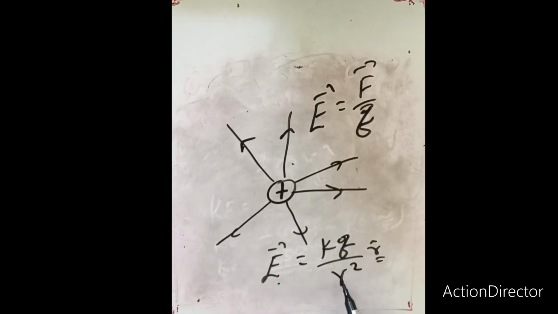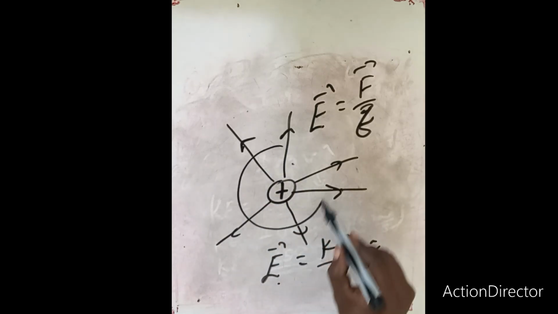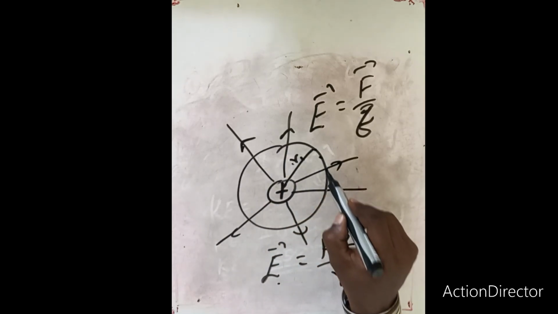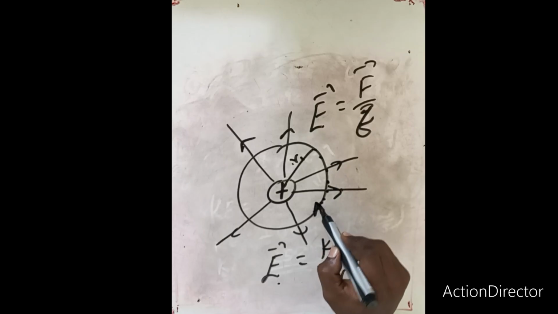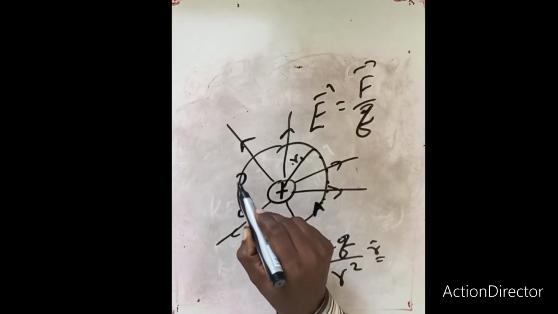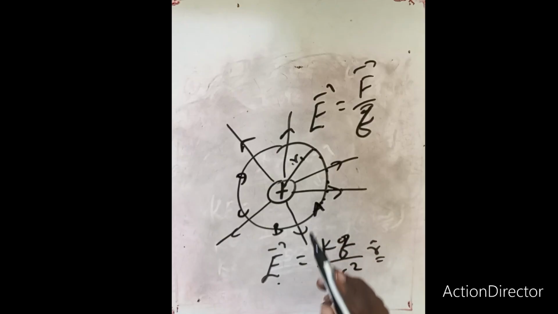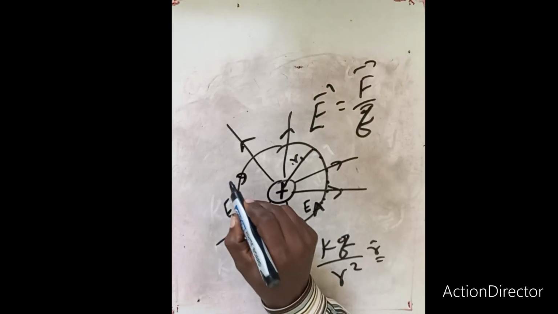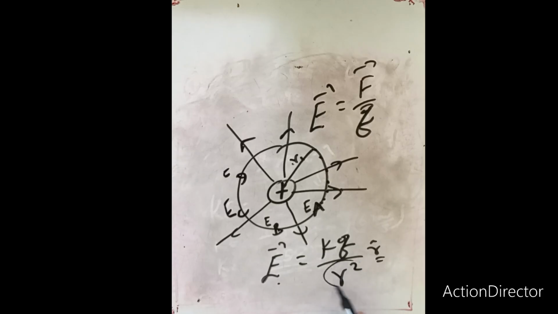If r is the same, that is the radius, for example, from this to this, if this is r1, so at each point, if this is A, this is B, this is C, this is D, whatever it is, the electric field is the same. The electric field at A, at B, at C, the same, because they have the same radius. So the electric field depends upon the r value.